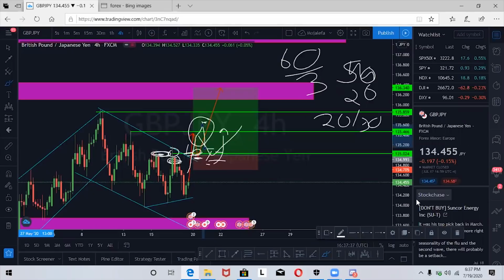If there's a bank robbery in one of the biggest banks, like the reserve bank, do you think all the JPY pairs will go up? No, they won't go up, because a bank robbery is bad for the economy. All the pairs will go down. So you're gonna be looking at all the pairs against JPY to take advantage of the JPY crisis. That's basically how fundamentals work.